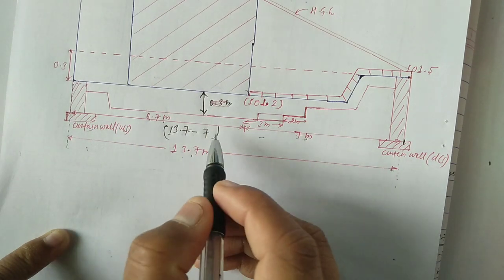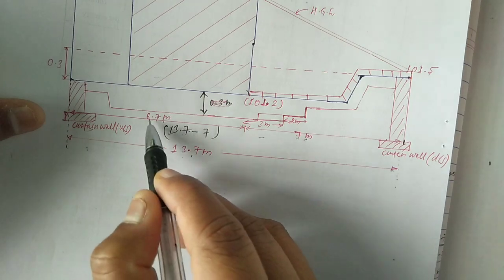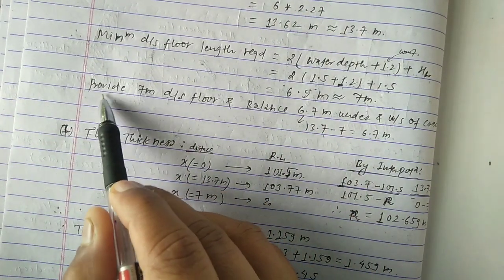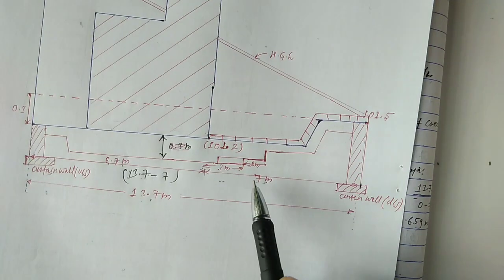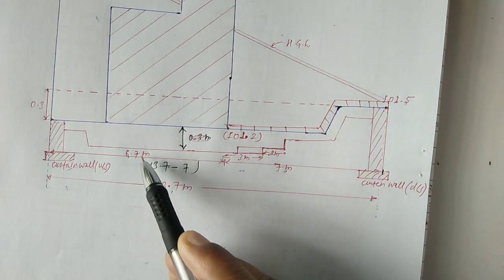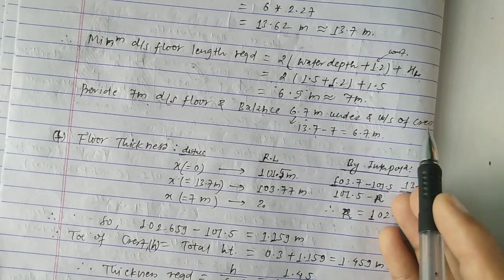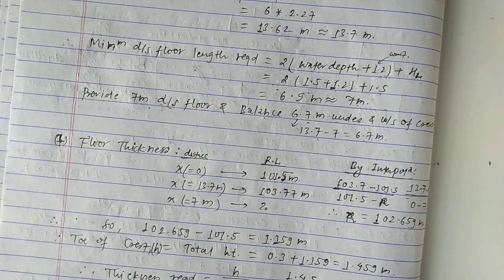So the length of upstream becomes 6.7 meter. Hence, provide 7 meter in downstream floor and 6.7 meter in upstream floor of the crest. So you can see it like that.